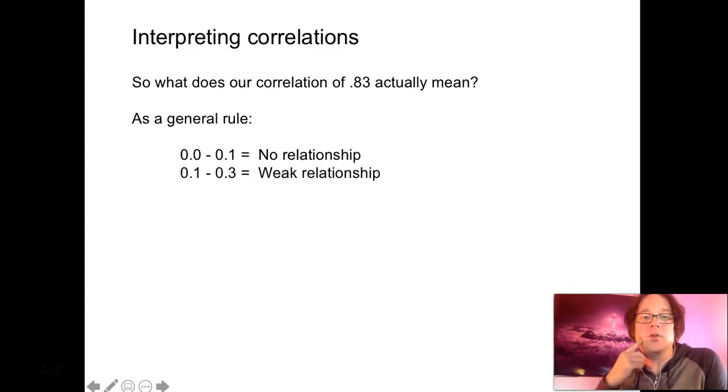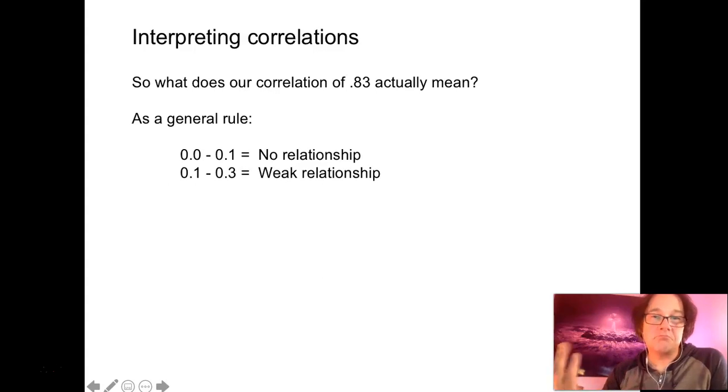There's really nothing going on there. A 0.1 to 0.3 or a 0.2 to 0.4, depending on who you're asking, we would say is a weak relationship, but there's something there. It's just not that strong.